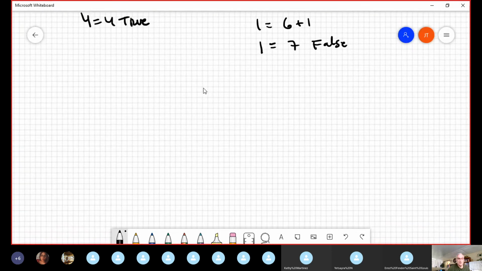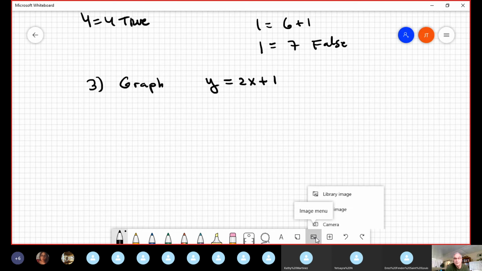The number 3 problem is to do the graph. And in the test you see a graph. Graph this line, y equal to 2x plus 1. And you can help me now to do the graph.